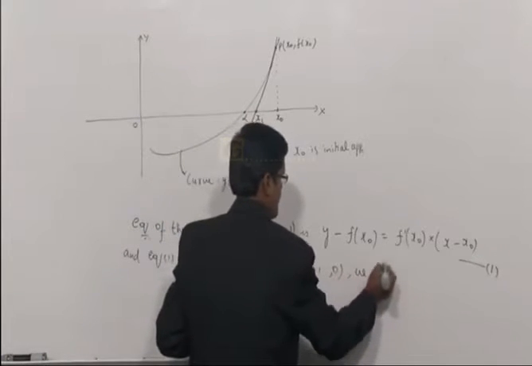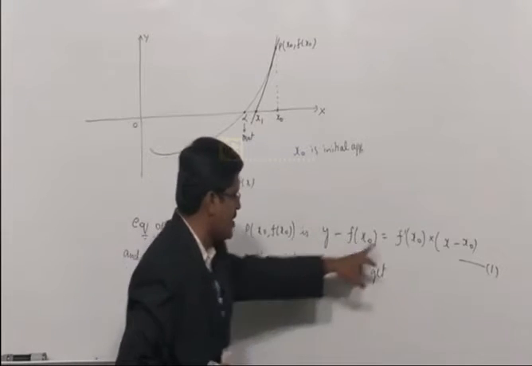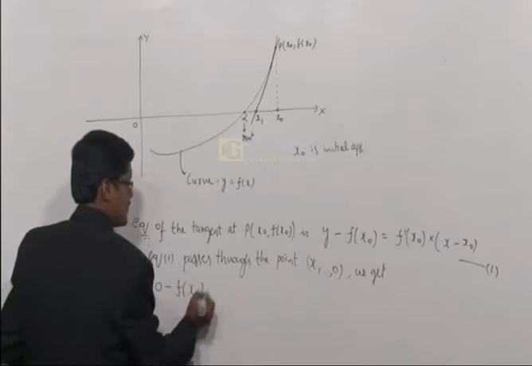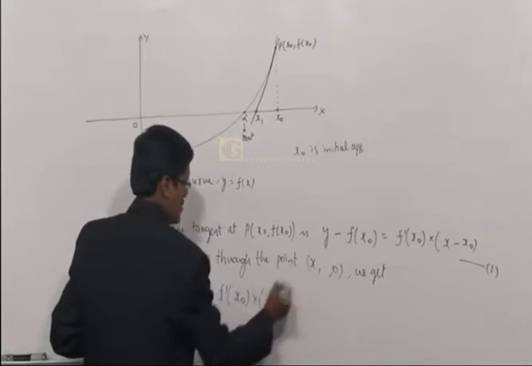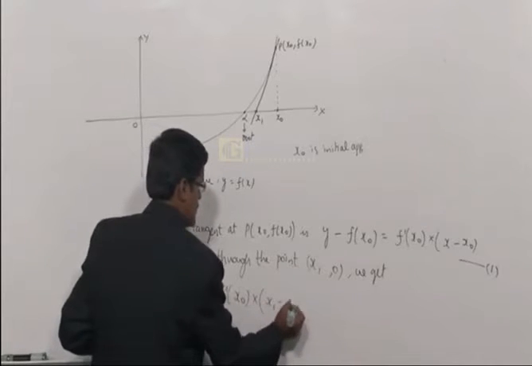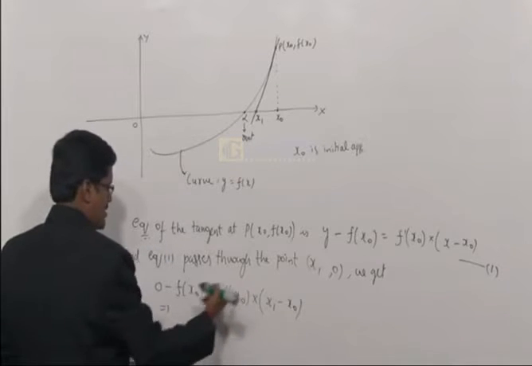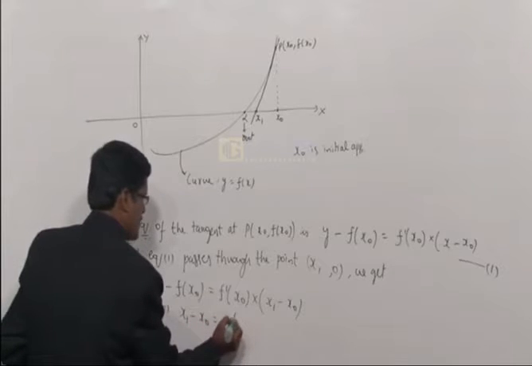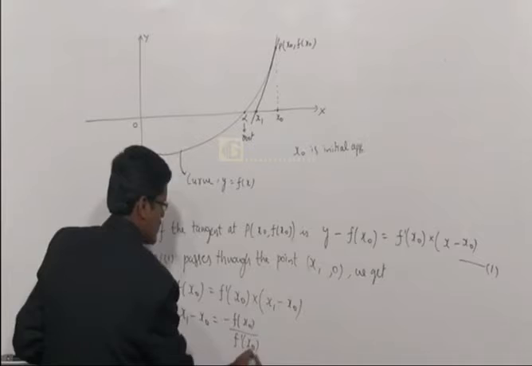In the above equation, substitute y as 0 and x as x1: 0 minus f(x0) is equal to f dash (x0) into (x1 minus x0). Because we are going to find x1, bring all other terms to the other side. So first of all, x1 minus x0 is equal to minus f(x0) divided by f dash (x0).